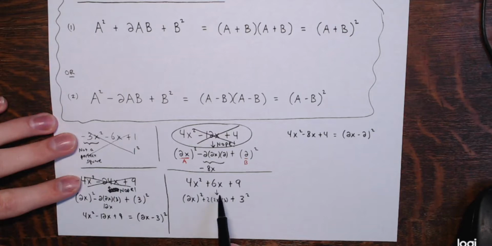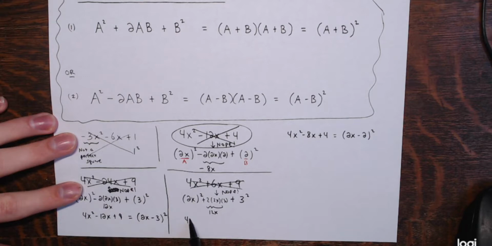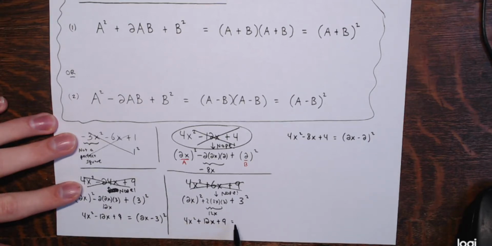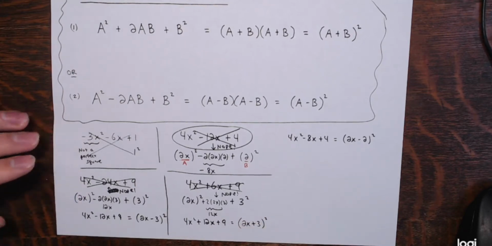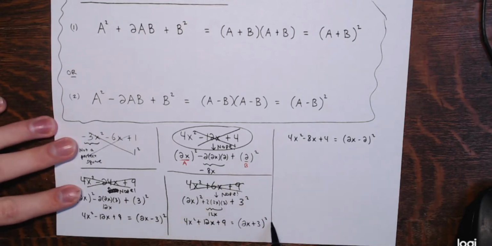But again, this is 12x, not 6x, just like the earlier one. So once again, no. Right? 4x squared plus 12x plus 9, that's a perfect square trinomial. That would factor to 2x plus 3 times 2x plus 3, or 2x plus 3 squared. But 4x squared plus 6x plus 9, no.